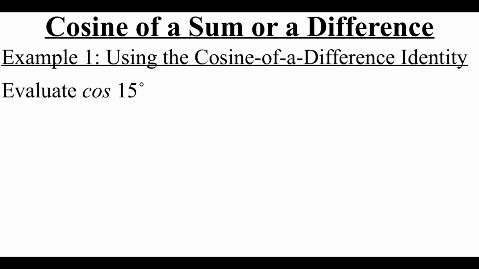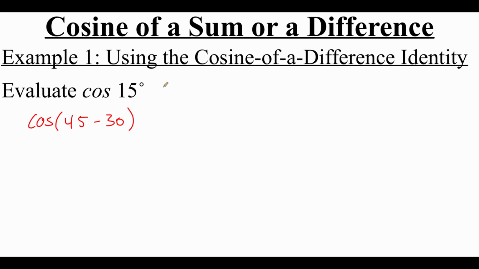So in this example, we're going to try to evaluate the cosine of a 15-degree angle using our unit circle. But 15 degrees itself does not show up on the unit circle. But here's what we can do. As we're thinking about this 15, as we're doing the cosine, I could think about 15 as being 45 minus 30. So then we've got the cosine of a subtraction problem.